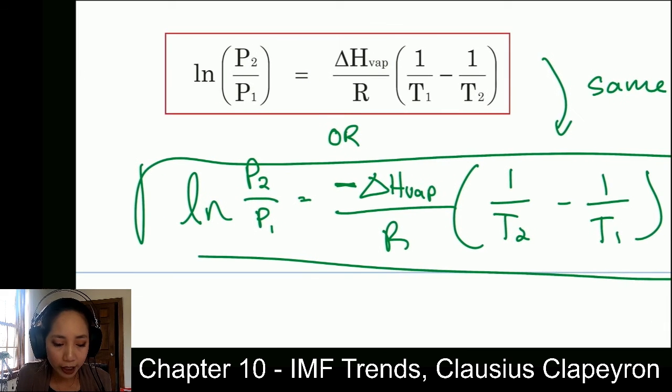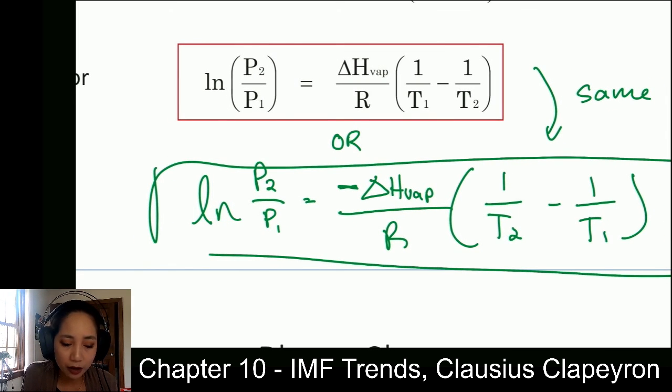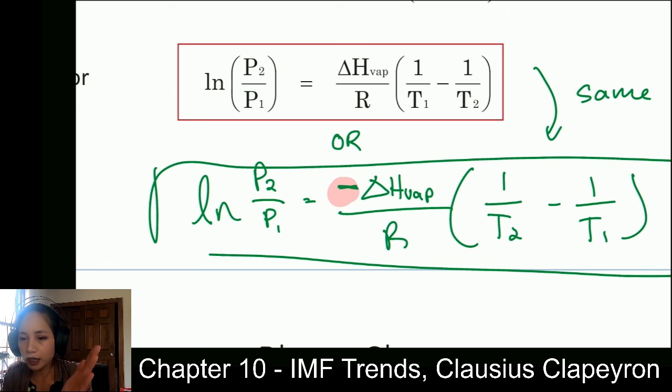But you can also write it in this way where we do natural log of 2 over 1 equals negative delta H vap over R times 1 over T2 minus 1 over T1. So we do 2 over 1, 2 minus 1. So we keep that same consistency. We do 2 and then 1, 2 then 1.